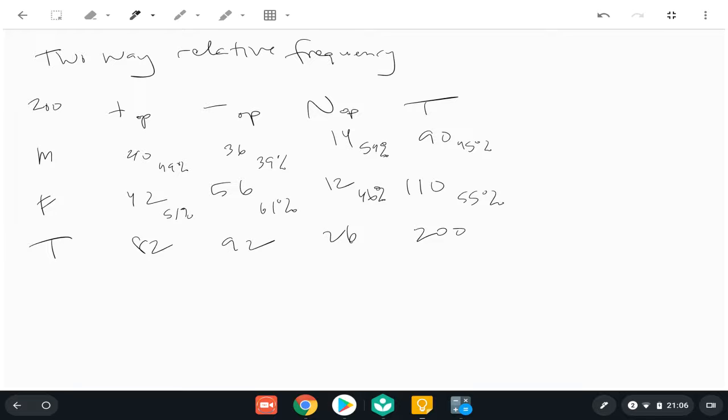Based on the relative frequencies, what can we determine? Association between gender and opinion. No, females are relatively equal on this. No, actually, females are relatively higher.